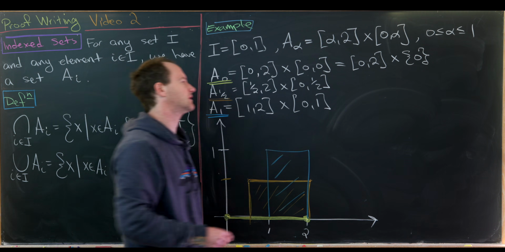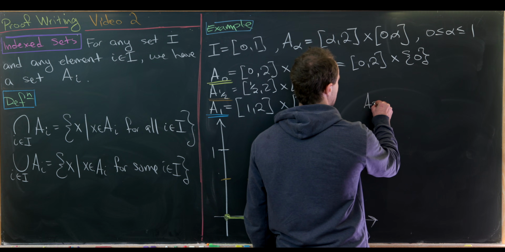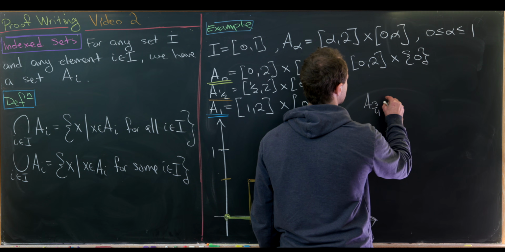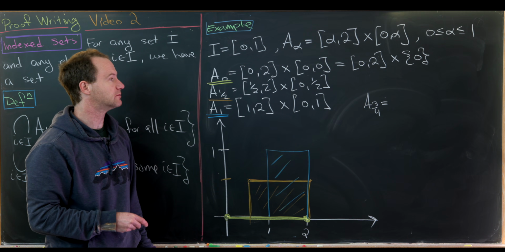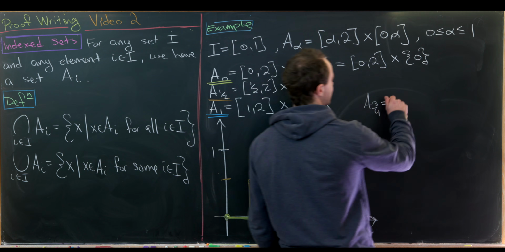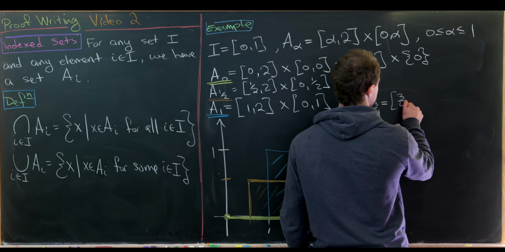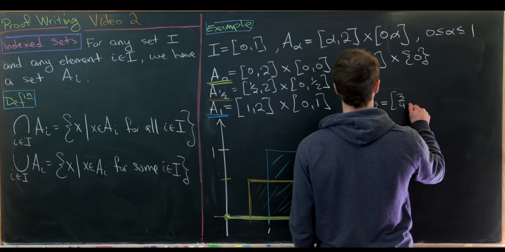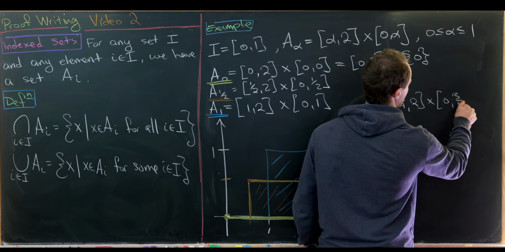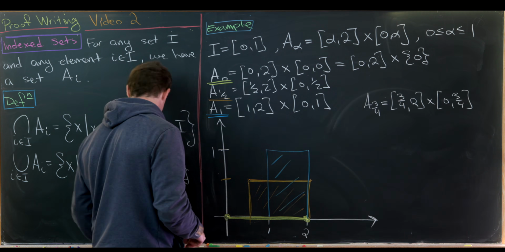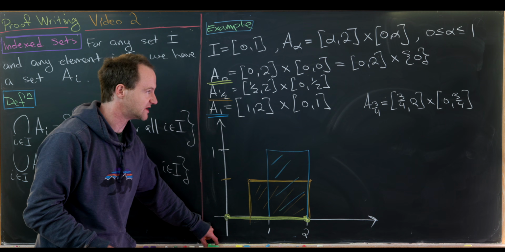And then maybe to fill in just a little bit, let's calculate A3/4, and then maybe as an exercise, you could do A1/4 or some more of them if you'd like to. For A3/4, all of the x coordinates are between 3/4 and 2, whereas all of the y coordinates are between 0 and 3/4. Let's make this in this nice magenta color.